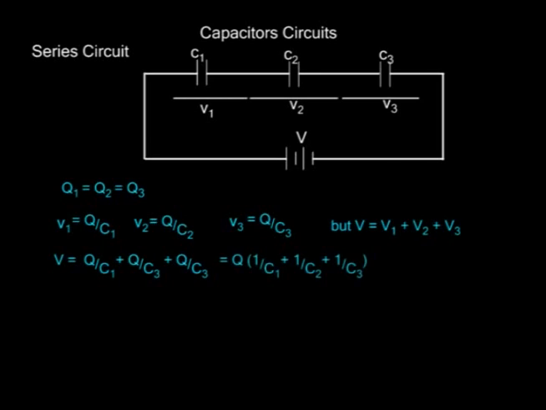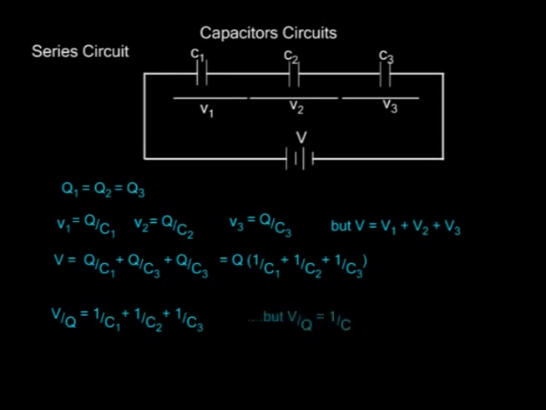The only thing I did there is to factorize Q. Therefore, dividing both sides by Q, we shall have V over Q is equal to 1 over C1 plus 1 over C2 plus 1 over C3.